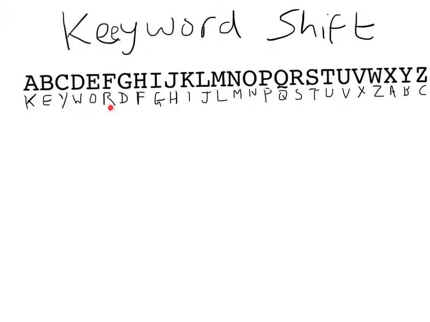Firstly, I wrote keyword out, then after D comes E, but I've already got E, so F, then G, then H, then I, J. Now K would be next, but K is already there, so L, M, N, O is already there, so P, Q, R is already there, S, T, U, V, W is already there, so X, Y is already there, so Z, and now I go back to the start of the alphabet, A, B, C, and there we have the D, and every letter now is matched.